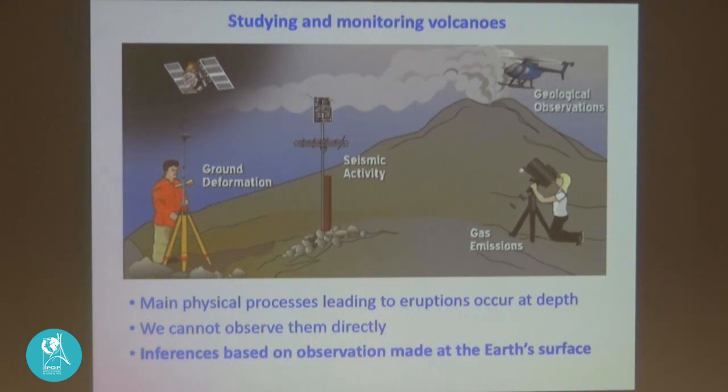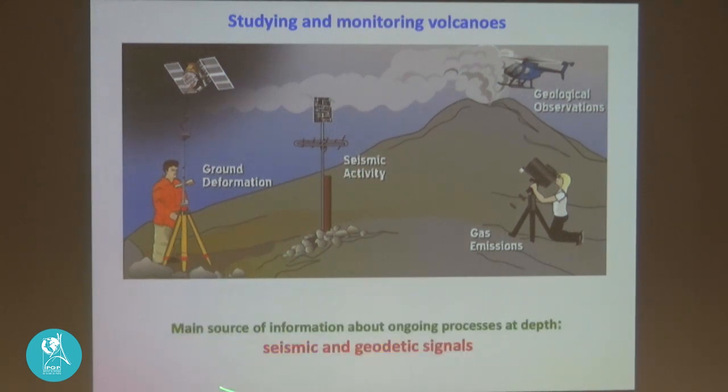One of the main methods of volcano monitoring is installing instruments like seismometers close to the volcano. The seismic method remains, I would say, one of the main, if not the main method of volcano monitoring, for two reasons. First of all, seismic waves are the most direct source of information from depths.